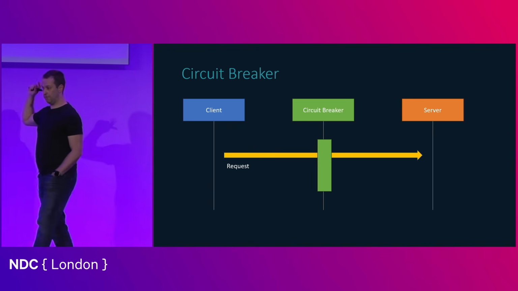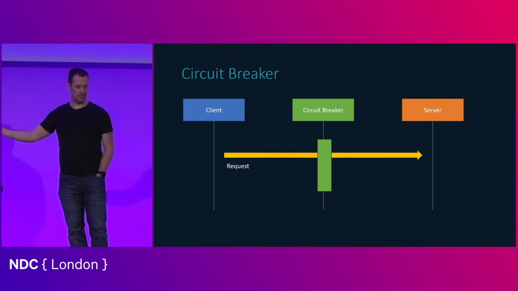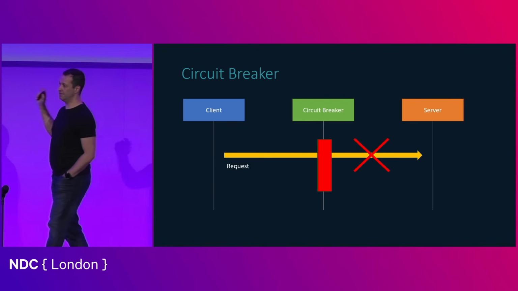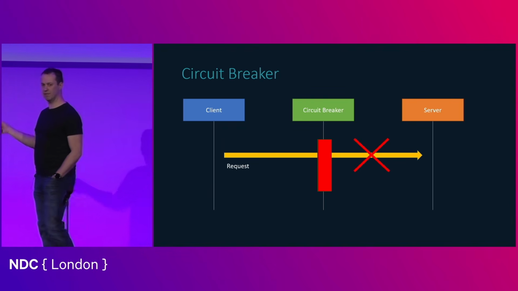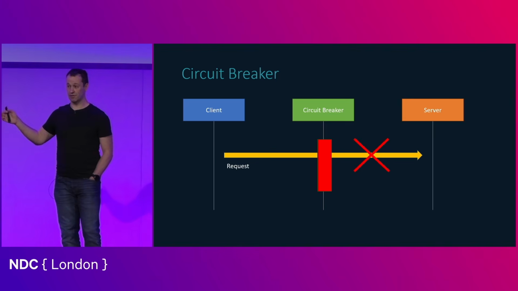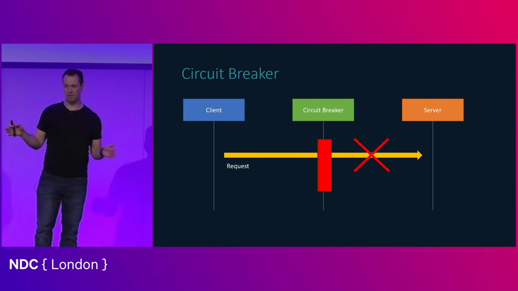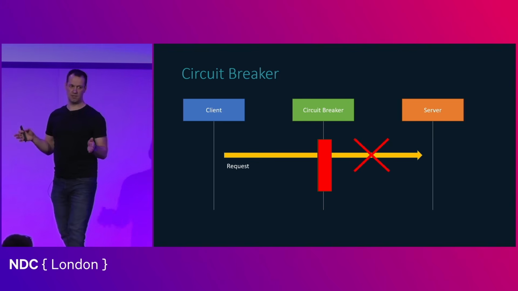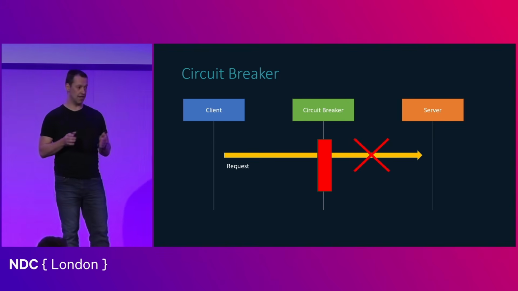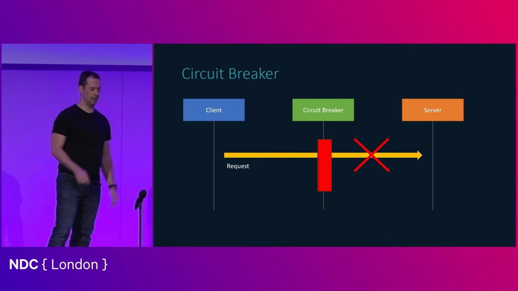But depending on your settings, if the server doesn't respond for X amount of times, the circuit opens. And this is something that you can check. That's, again, an exception that gets thrown. And you're basically leaving the server alone because it didn't respond. For X amount of time, time-based, the circuit stays open, and calls don't go through. Polly will actually stop the call from happening. It doesn't leave your system.